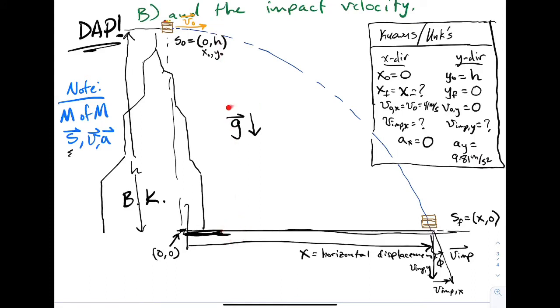And so that indicates that this downward direction must be negative. And so we need to put in our knowns a negative 9.81 meters per second squared. And now we have everything we need to start to try to solve the problem. But we're not going to sit and think about answers yet. This was our setup, but we're not quite done with the setup.